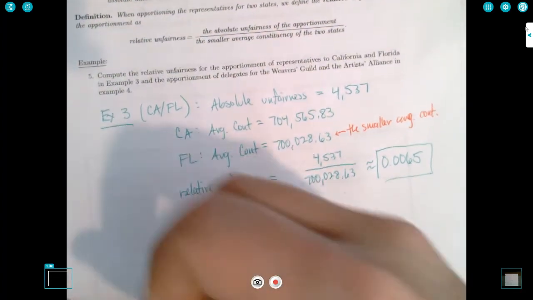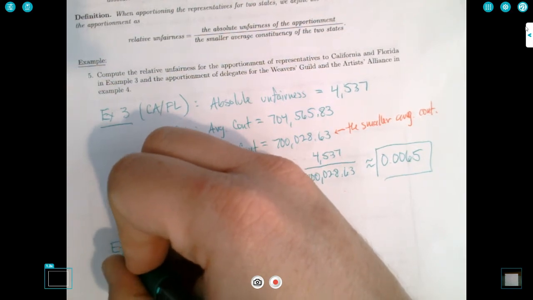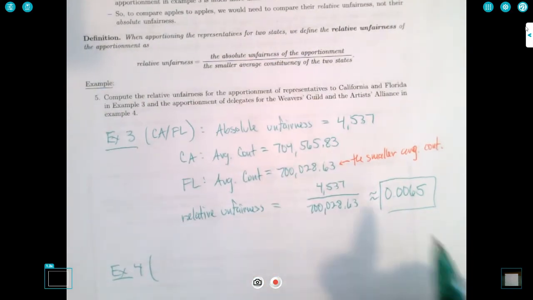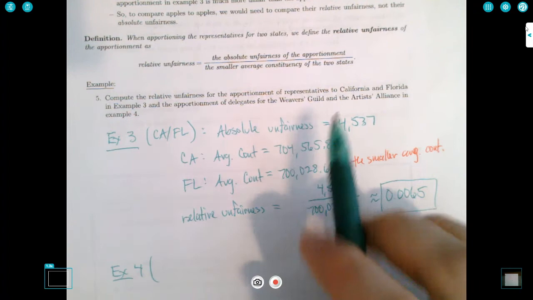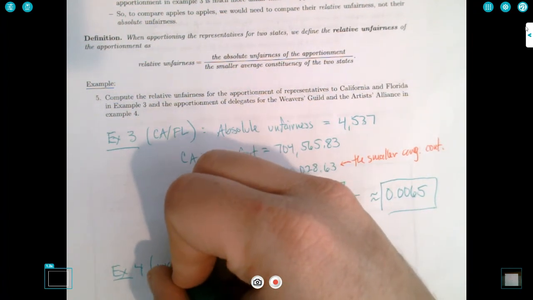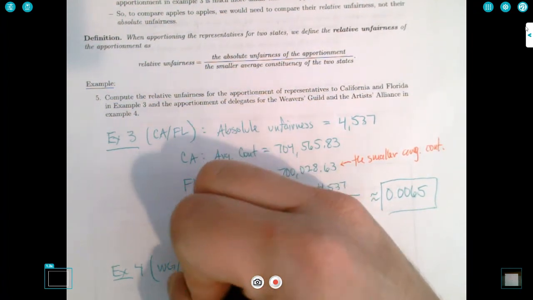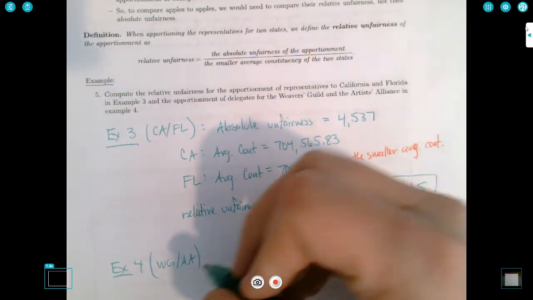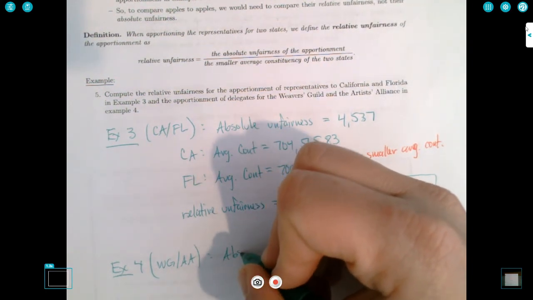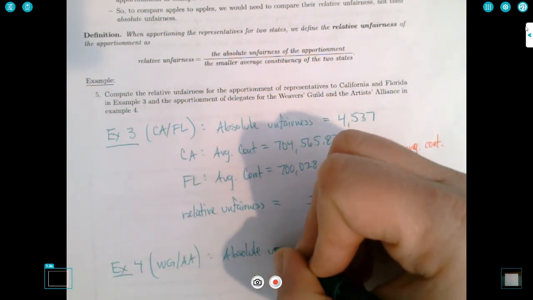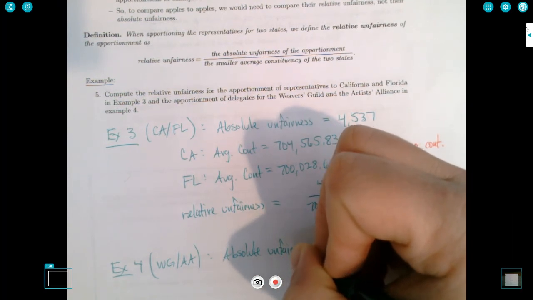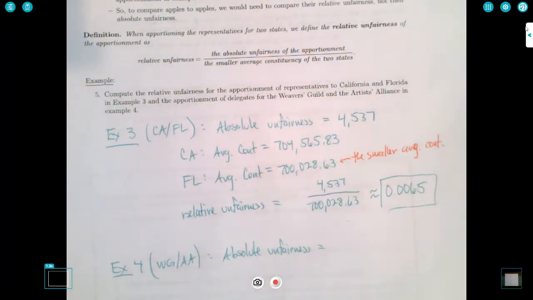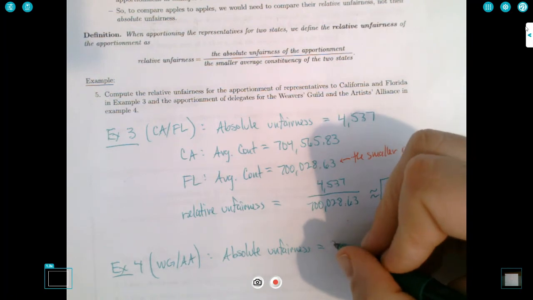For example 4, this would be the Weavers Guild and Artists Alliance. The absolute unfairness was 32.